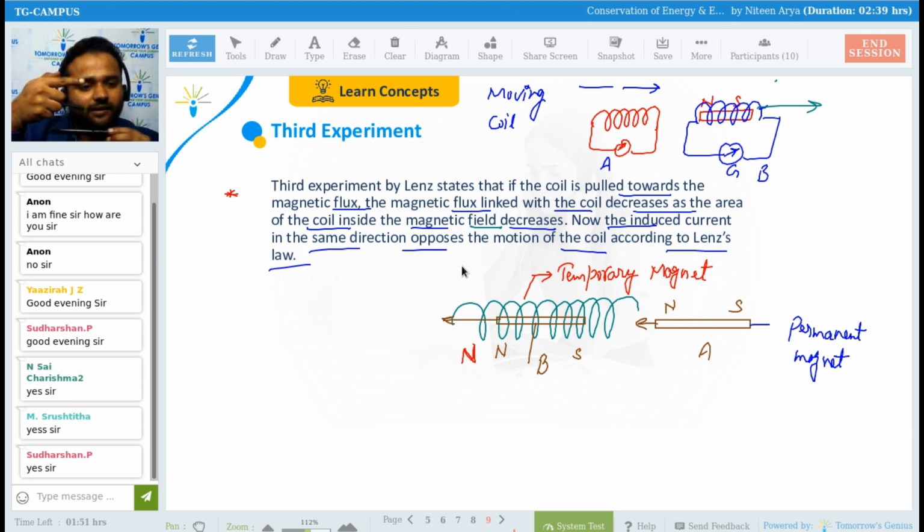Now my magnet is straight here, and I move my coil towards it. The moment my coil is at a position alongside the magnet, the current changes its direction, changing the direction of the magnetic field, to oppose the motion of the coil. The coil area is changed.